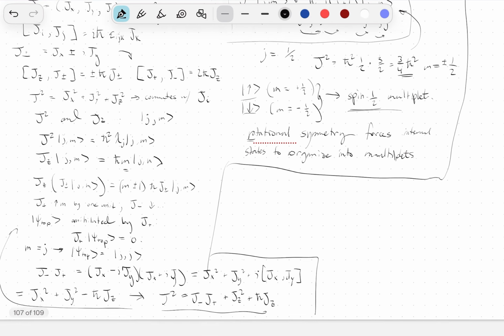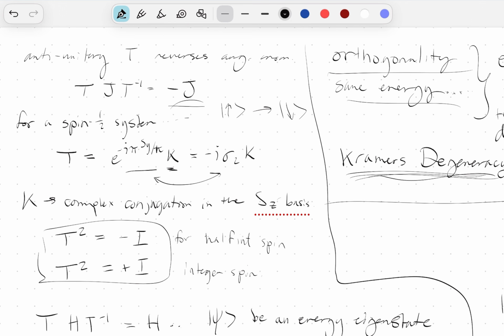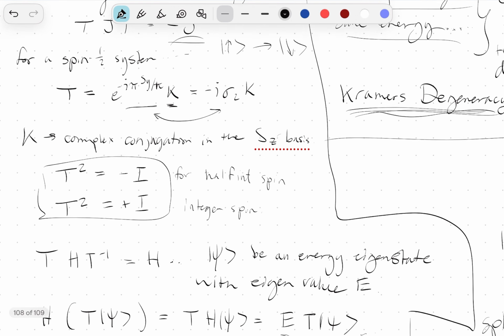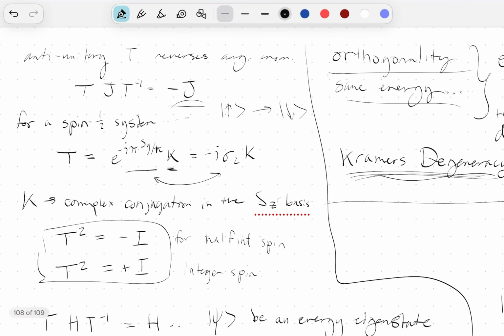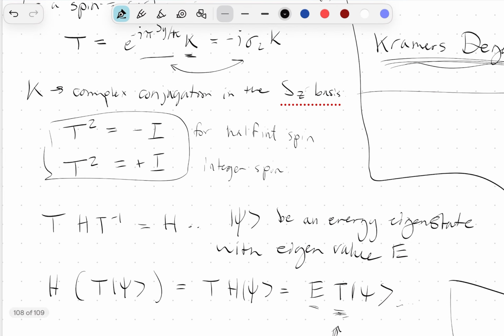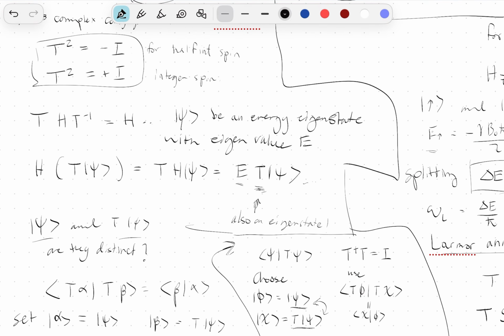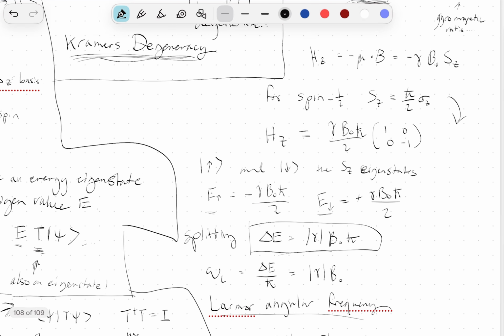And what time reversal symmetry is going to force is the states to become degenerate pairs for half-integer spin, and the anti-unitary nature guarantees these orthogonal partners with identical energy, protected as long as the Hamiltonian is T invariant.